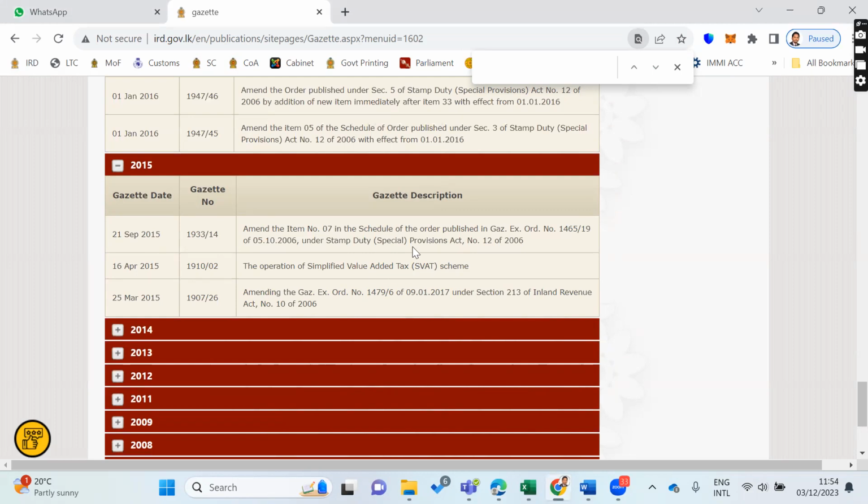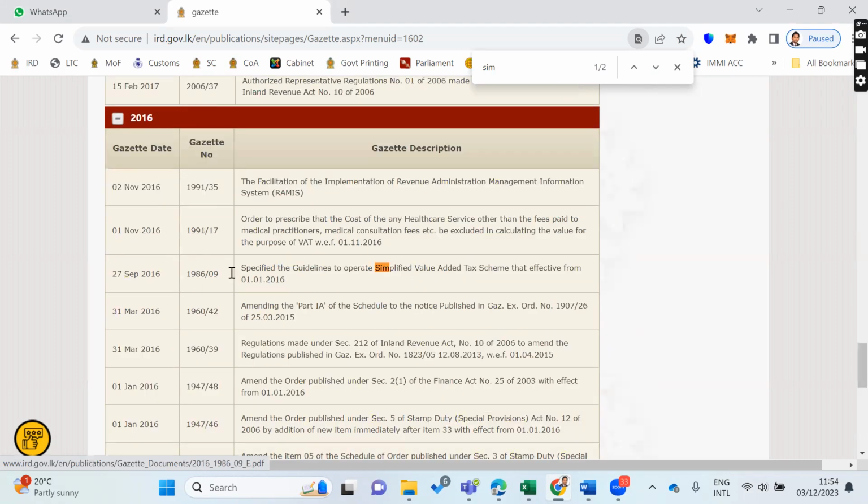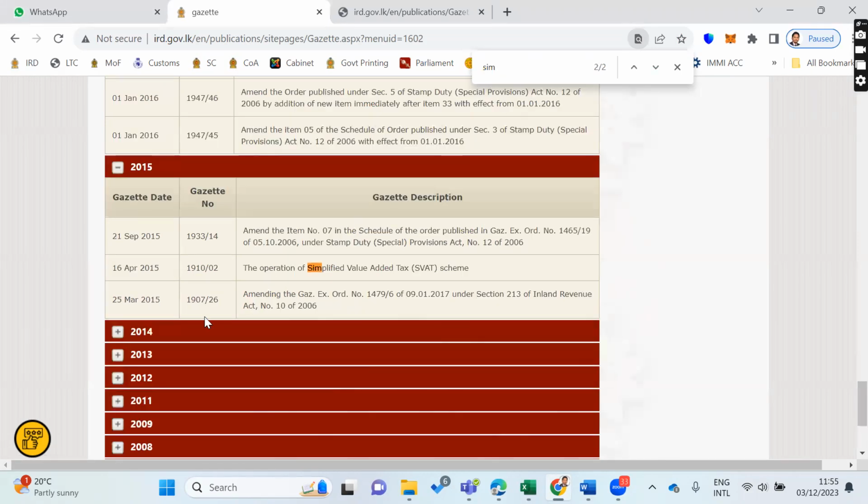We have the initial Gazette notification of 2015 for SVAT, simplified VAT, and further they issued a Gazette in 2016 with the guideline, right? You have to refer to this Gazette notification.